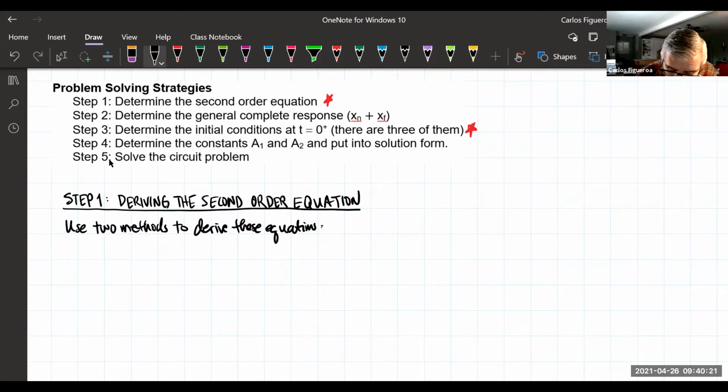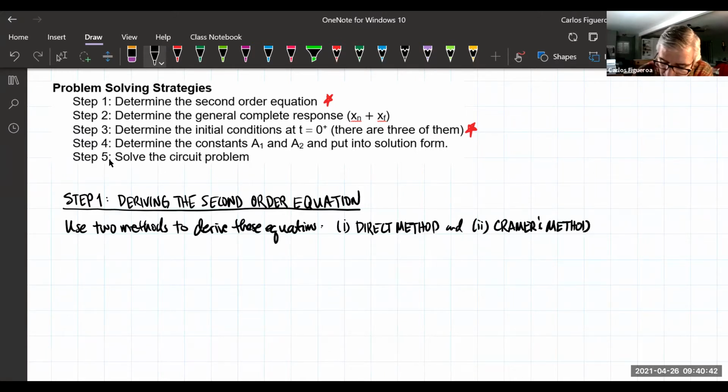So one method is going to be called the direct method. And the second one, I'm going to call Kramer's method. Kramer's method is an operational method. With the direct method, you deal directly with the differential equations itself, with derivatives.